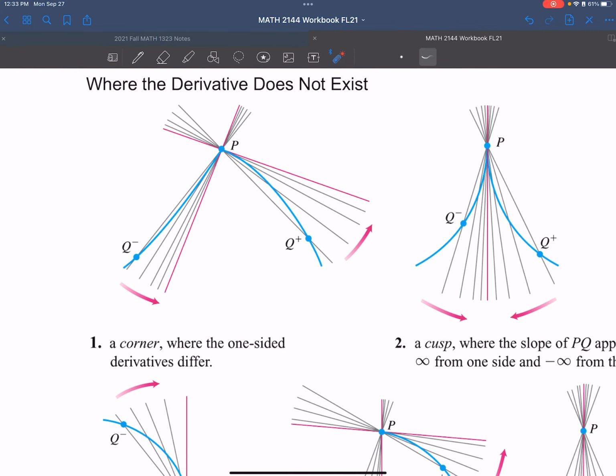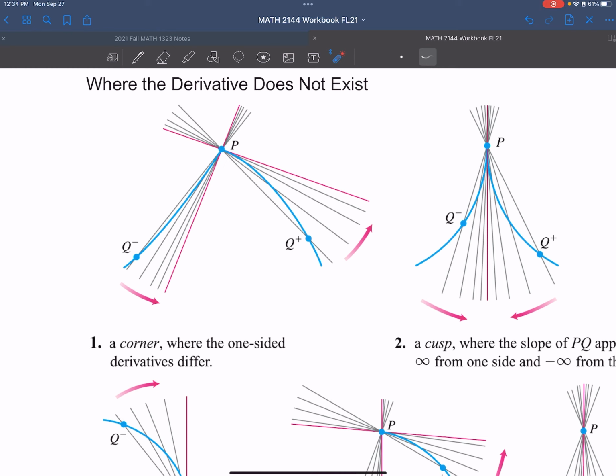So the first scenario we have are corners. A corner is where the one-sided derivatives differ. Because if you look at this from the left, if we draw these secants getting closer and closer, you can see for Q that we get this line. But for Q from the right-hand side, as we draw the secants closer and closer, we get this tangent line.